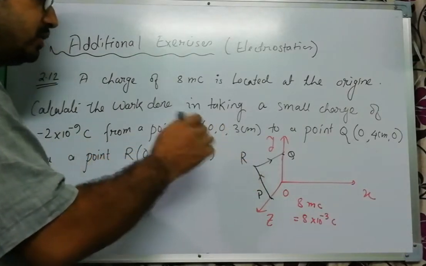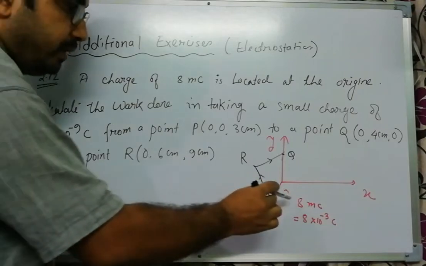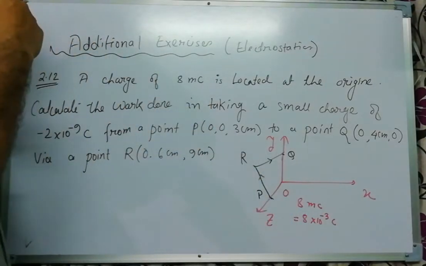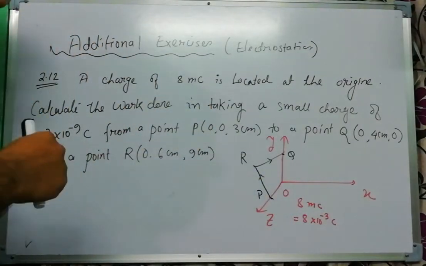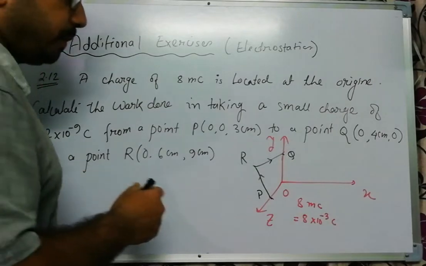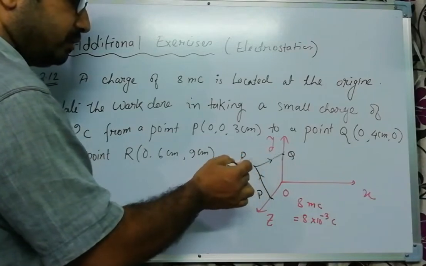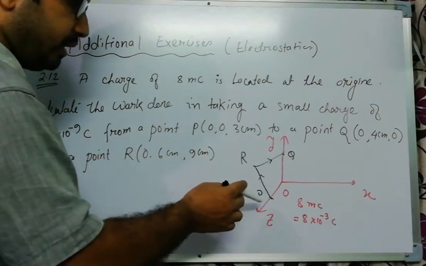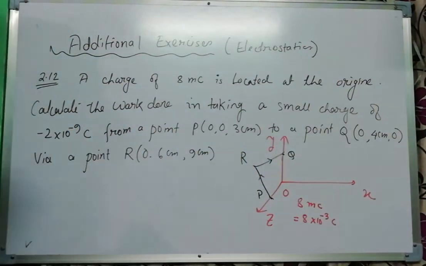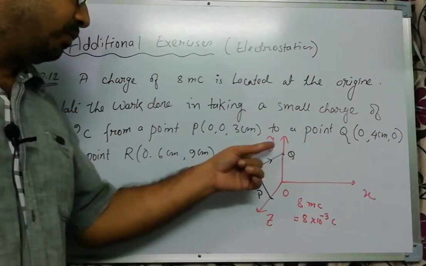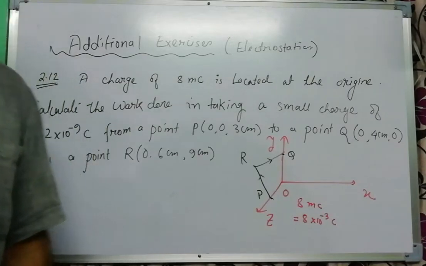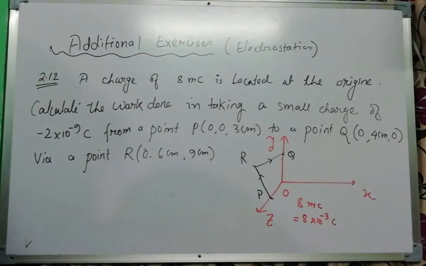At the origin there is a charge of 8 millicoulomb. 8 millicoulomb is equal to 8 into 10 to the minus 3 coulomb, and there is a point P, there is a point Q, and there is a point R. So I have to take another charge which is -2 × 10⁻⁹ coulomb from P to Q via R. So this is what the question is all about.